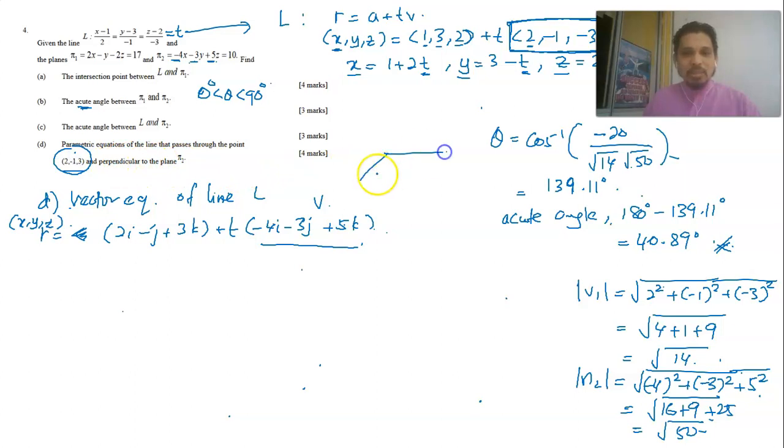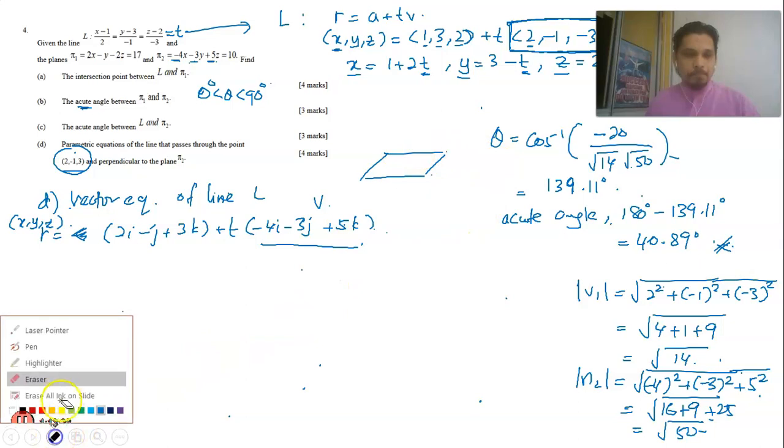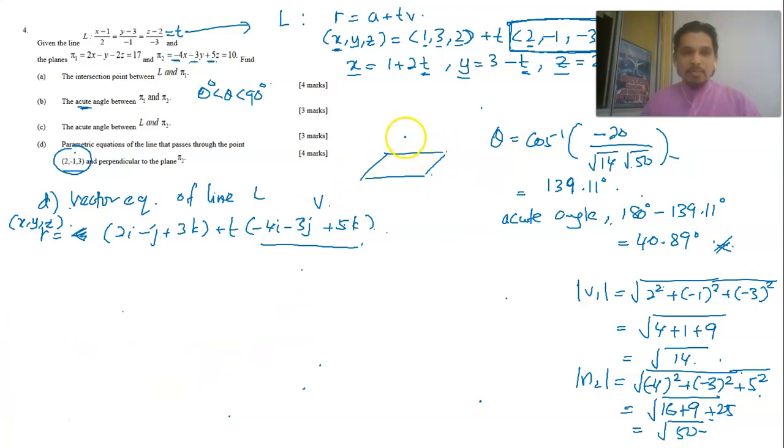Just imagine that this plane has a normal of -4, -3, and 5.